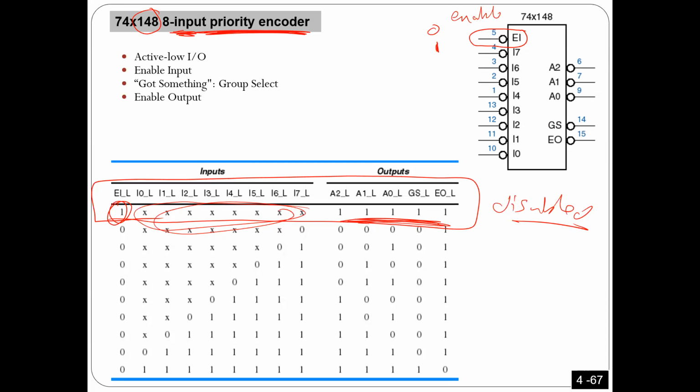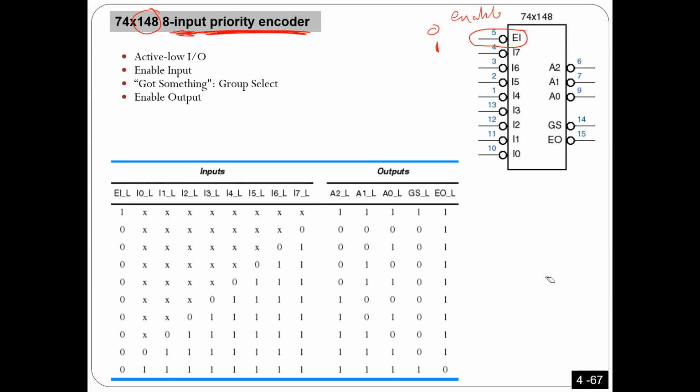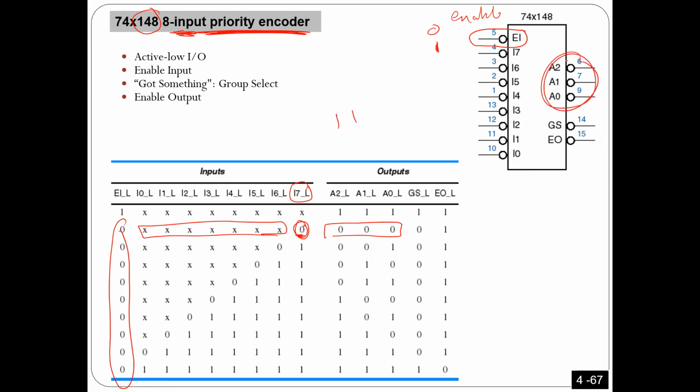Now, if it works, I can have up to 8 cases, and that's exactly what happens here. In these 8 cases, as I have just explained, if input number 7 is 0, regardless of what you have here, and this one is 0, the output has to actually be 0 0 0, which is the opposite, because everything is inverted.